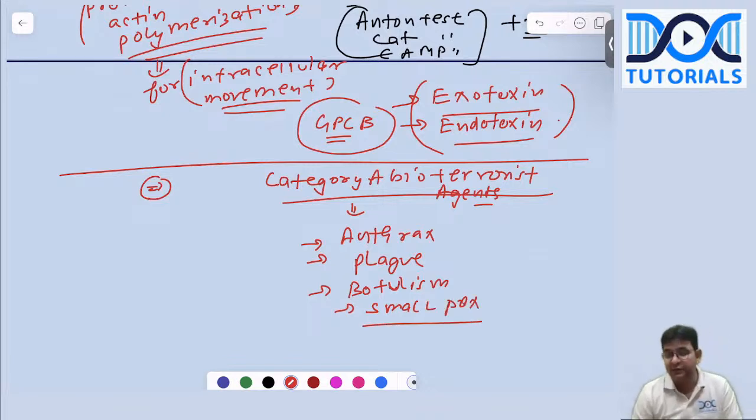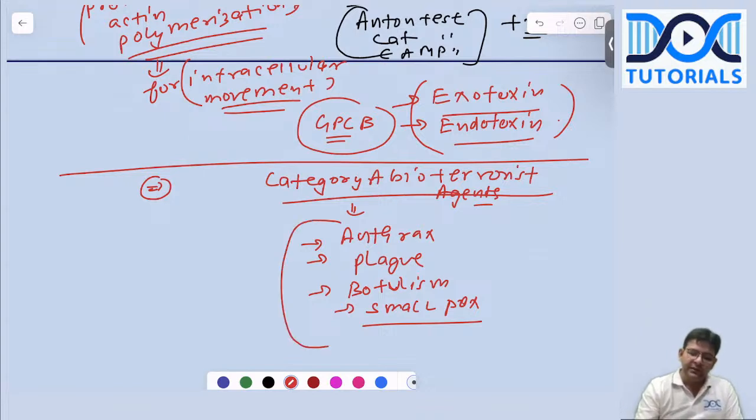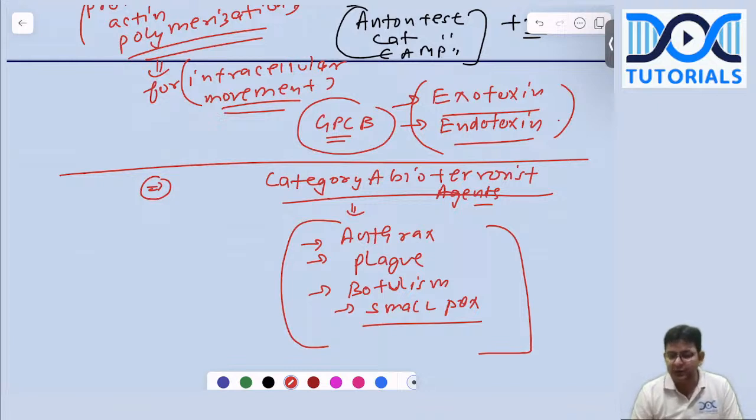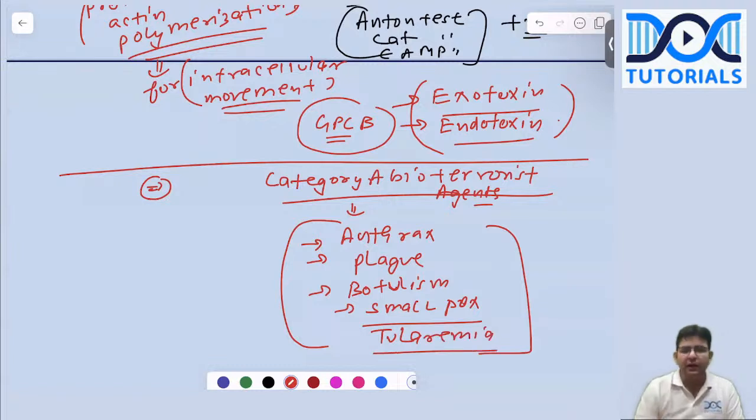Certain viral hemorrhagic fevers like Marburg and Ebola also come in that. Even tularemia. These all are category A bioterrorist agents.